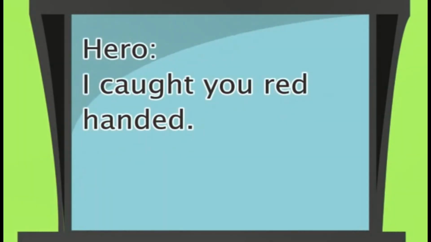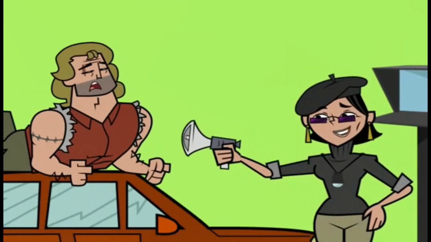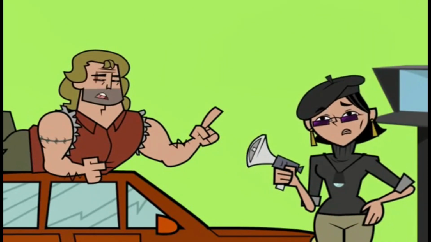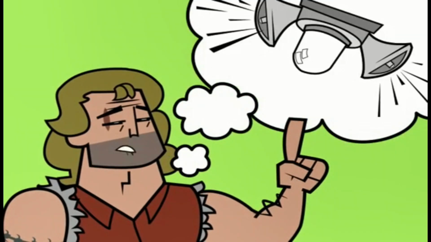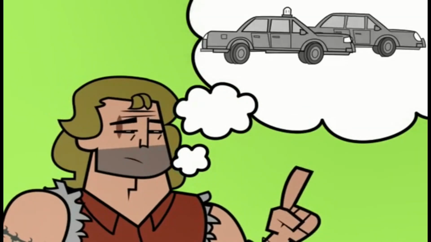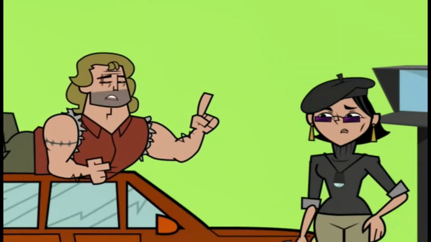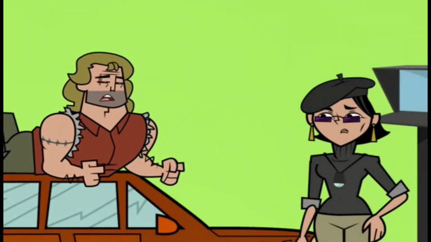Then, "I caught you red-handed," then nothing. See? There is no line about spending time behind bars. I guess I made an inference. I mean, look. The alarm is going off at the bank. They're running from the police. And they have bags of cash from the bank in the car. I made an inference that they were going to jail because of what they did.